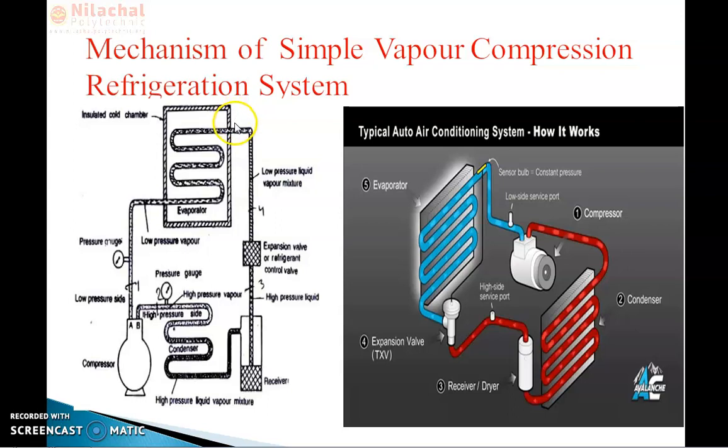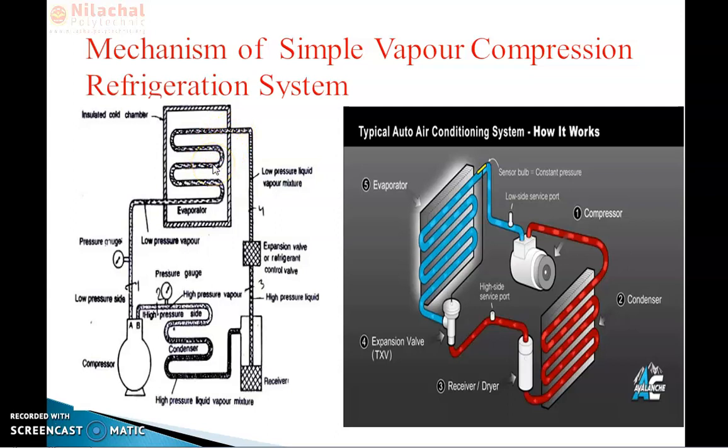Then the last component is the evaporator. In the evaporator, the process name is constant pressure and constant temperature heat absorption process. The evaporator consists of coils of pipe in which the liquid-vapor refrigerant at low pressure and temperature evaporates and changes into vapor refrigerant at low pressure and temperature.